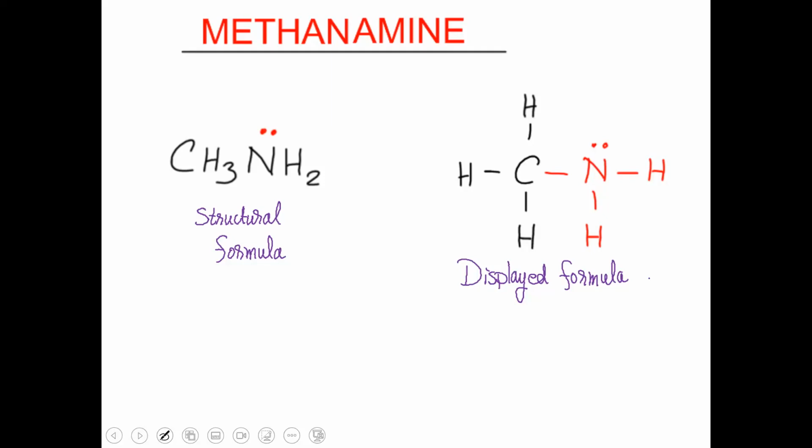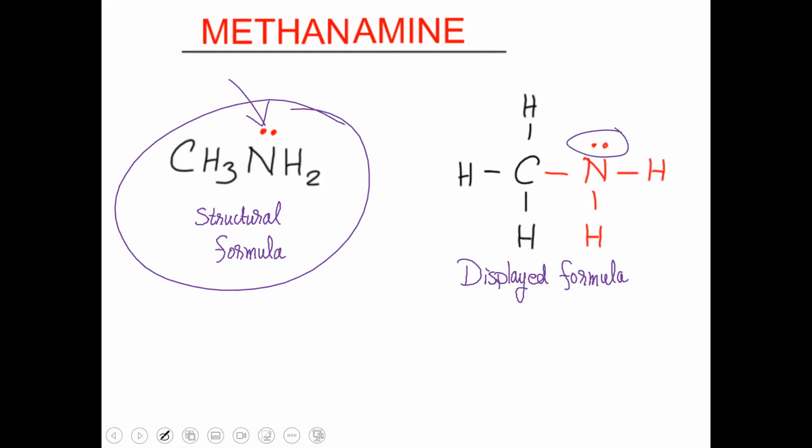Take another example, methanamine. I have shown the formula, and you can notice that there is a lone pair on nitrogen. Now I have broken it down into the formula which is called displayed formula. Now I circle it and I put a question mark here. Can you tell me whether this lone pair will affect the shape?